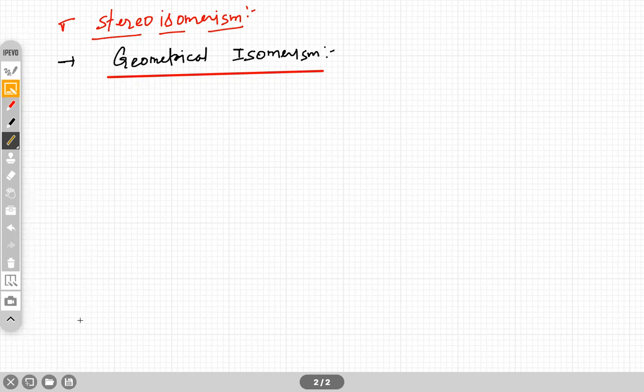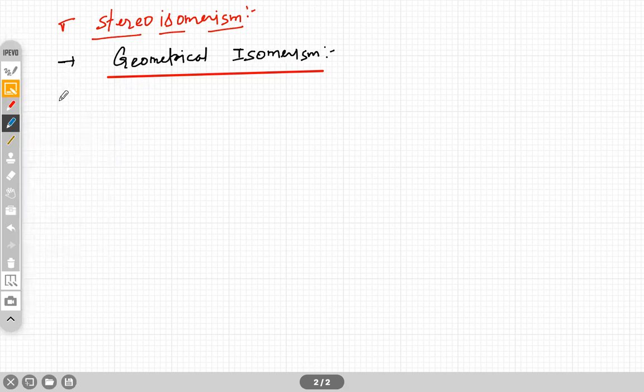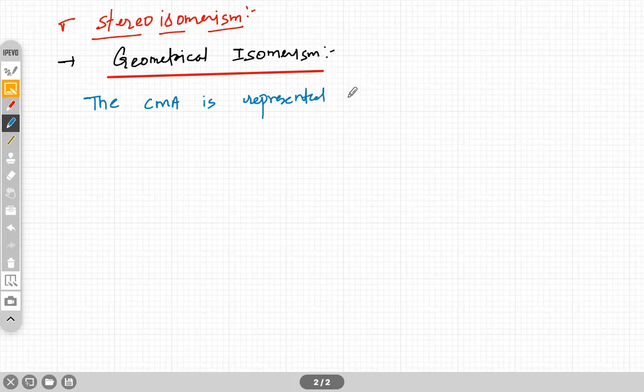So, for geometrical isomerism we will take a few assumptions here, and the assumption is the central metal atom is represented by M. This is one thing.